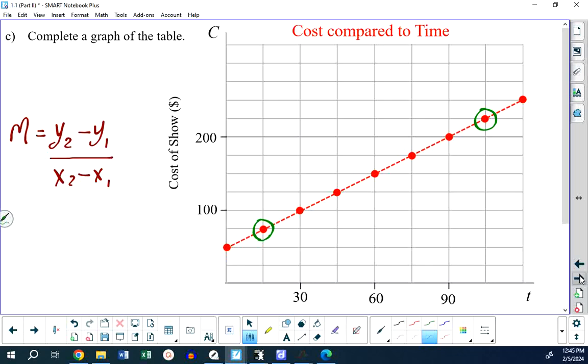So I'm going to write the coordinates. This is 105, comma, 225. Remember, these go up by 15, and these go up by 25. And this one would be 15, your x coordinate comes first, then comma 75.